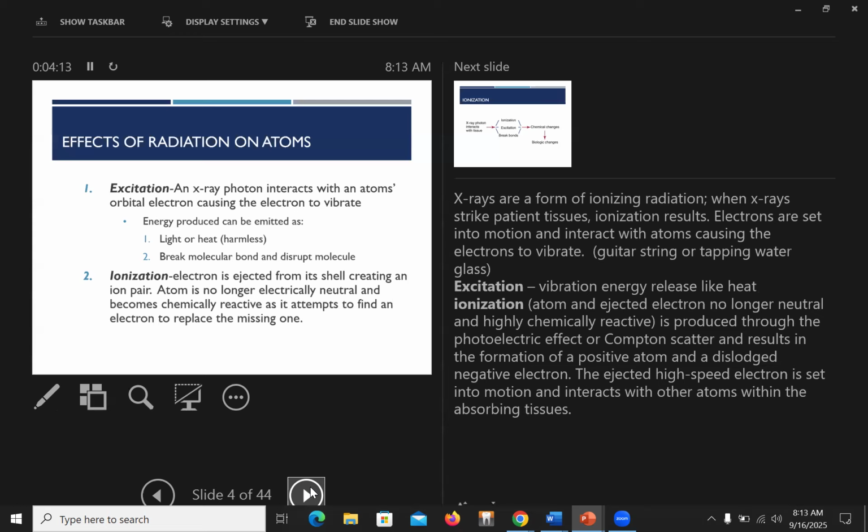So excitation: an X-ray photon, what's coming out of the machine, now we're at the human level, dealing with what's happening to the human. An X-ray photon interacts with an atom, an orbiting electron, and causes that electron to vibrate. It basically shakes the atom up a little bit. Two things happen.